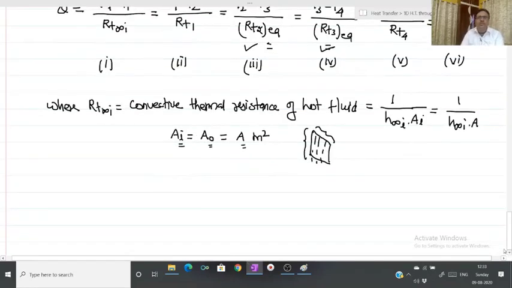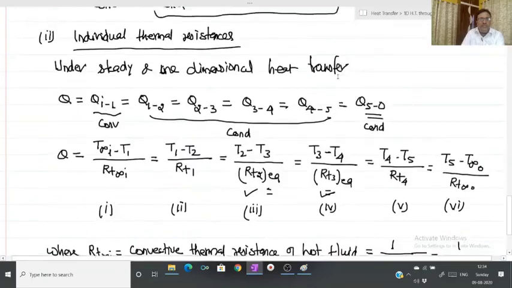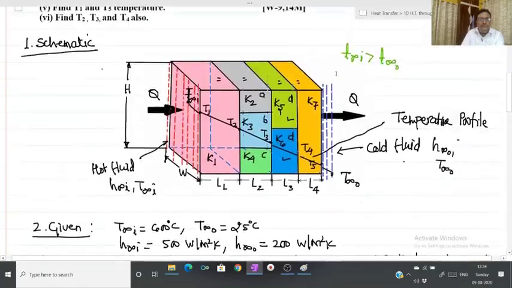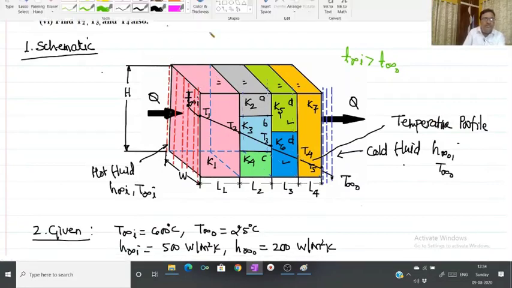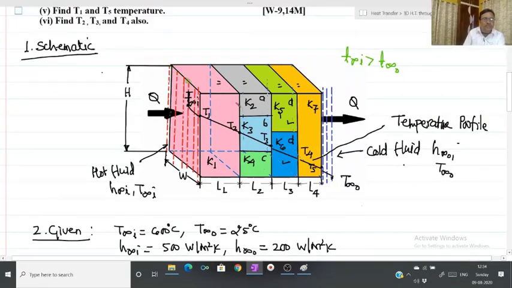So do not get confused between AI, AO and A. Now I can calculate RT infinity I. First let us find the area A. As you can see here, area A will be the area of this face.